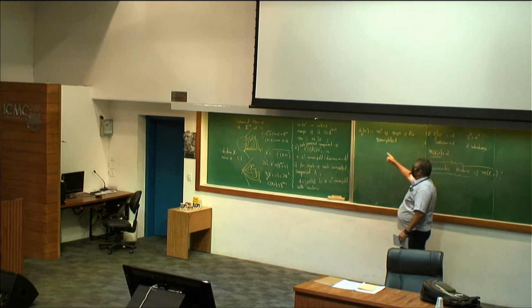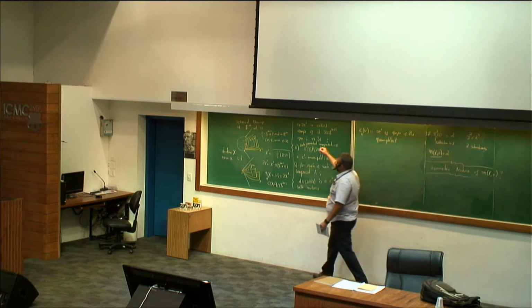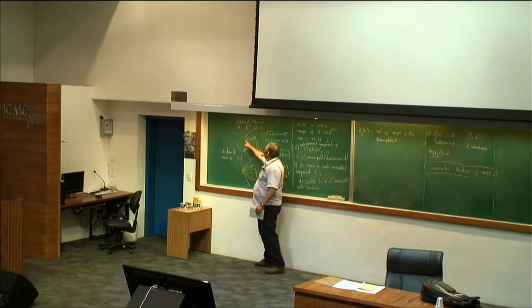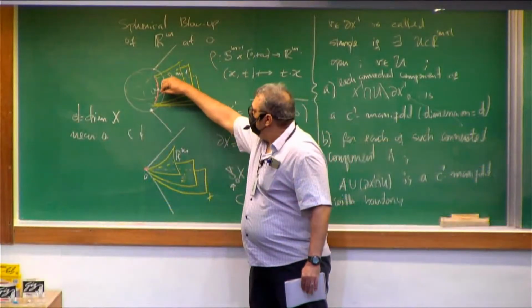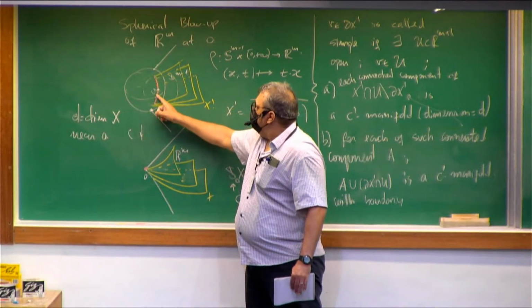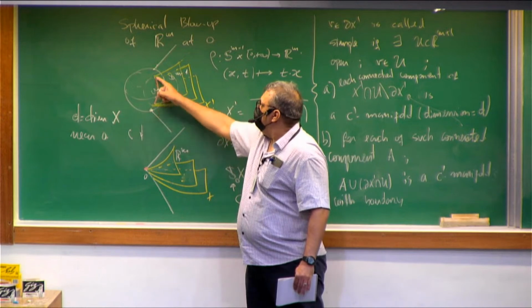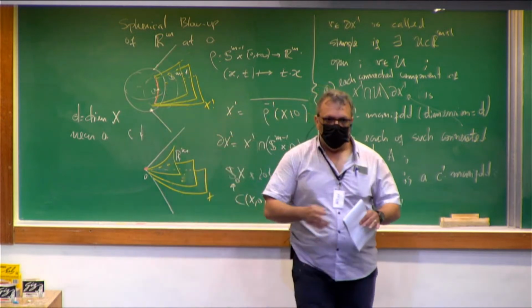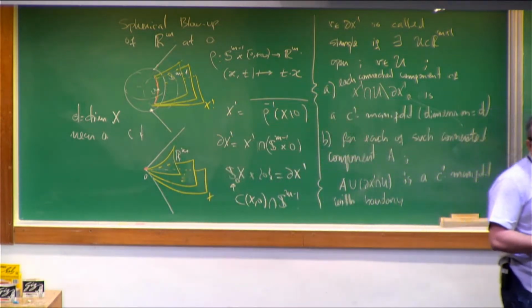And of course, this number is locally constant, because if you have a pamphlet structure here and you take a point near V, you have the same pamphlet structure, so you have the same number of pages.